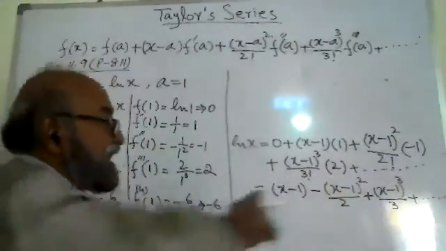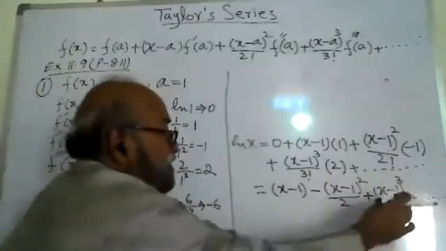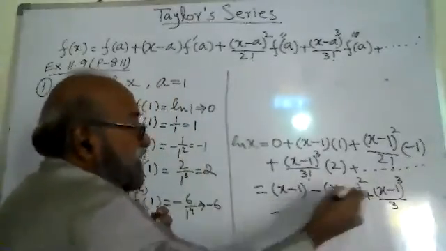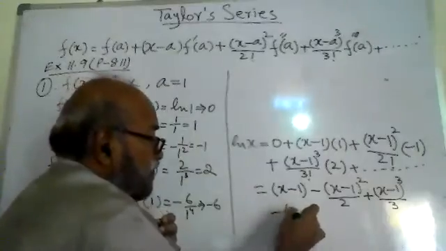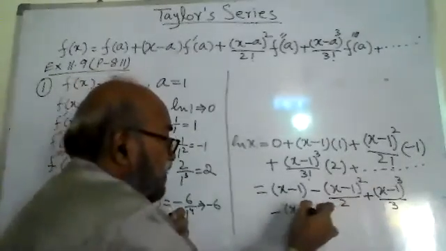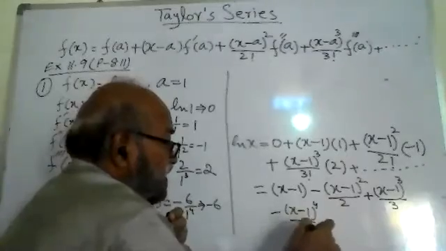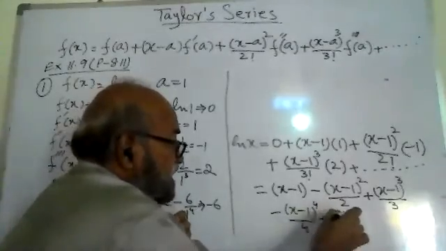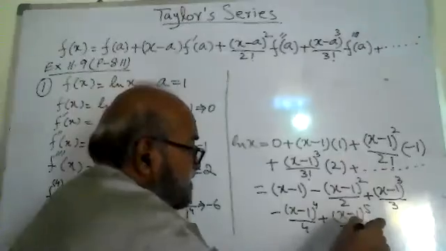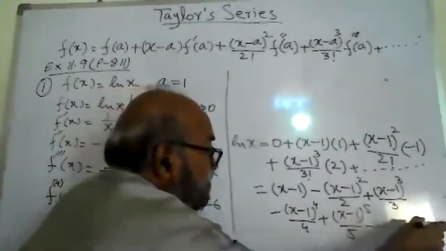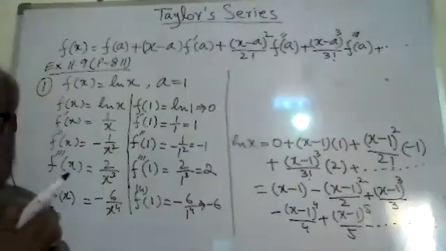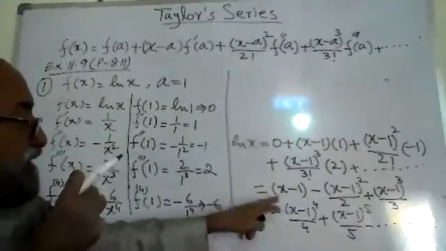The next term will be negative, x minus 1 whole raised to power 4 upon 4. The next term will be positive, x minus 1 whole raised to power 5 upon 5. Next term will be negative, and so on. We can predict the next terms by observing the terms.